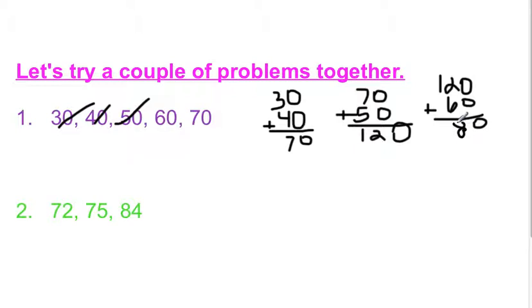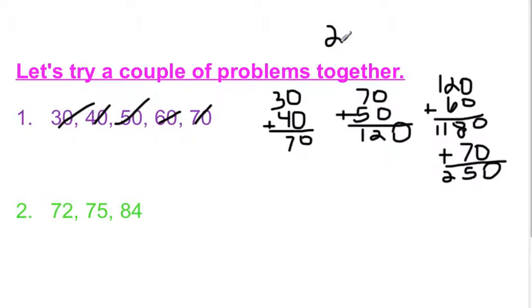Ooh, sorry about that. And 1 plus 0 is 1. And then the last one, we're going to do 180 plus 70. That's 0. 8 plus 7 is 15. Carry the 1. 250. And I'm going to cross this off, and then we have 1, 2, 3, 4, 5.